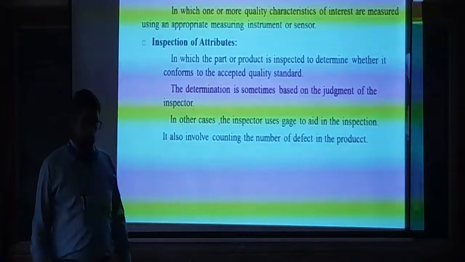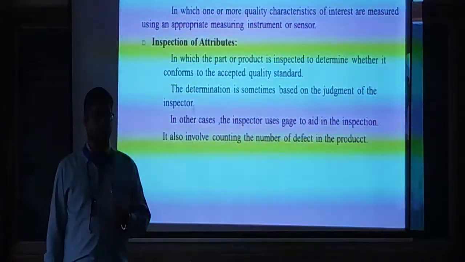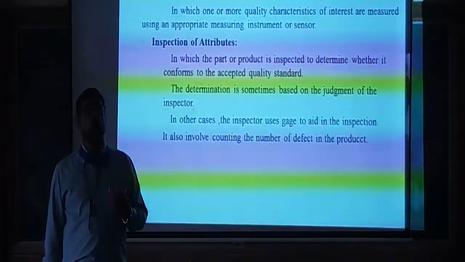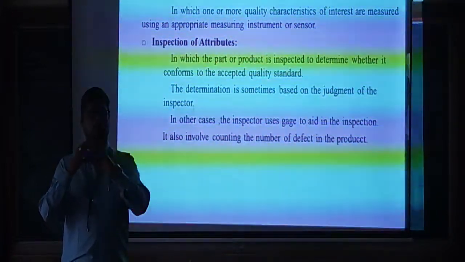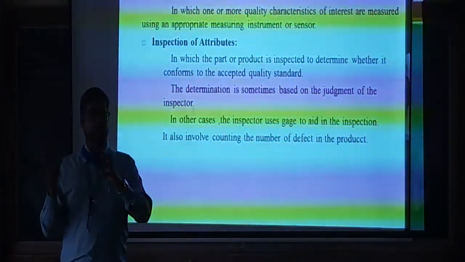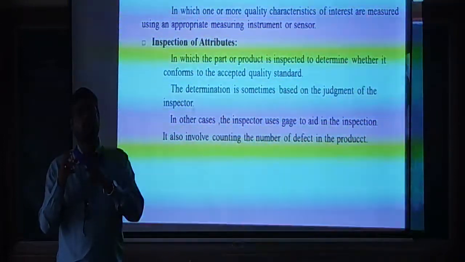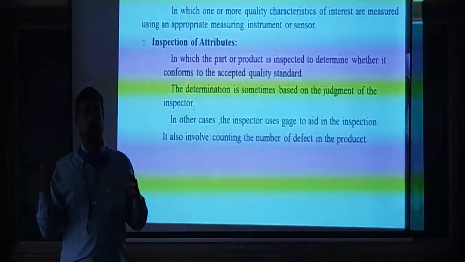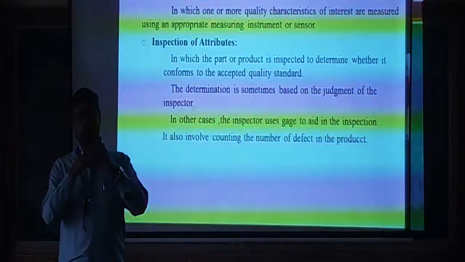The determination is sometimes based on the judgment of the inspector, because it depends on the tolerance band. He doesn't know whether it is a sliding fit or an interference fit. In the drawing everything is specified, but for a sliding fit he doesn't know whether the part has 20 micron, 25 micron, 30 micron or 28 micron tolerance.